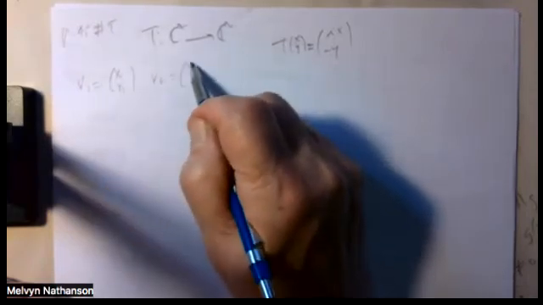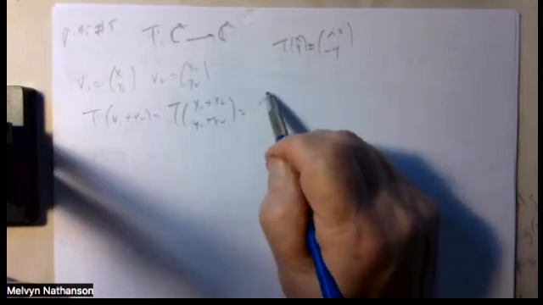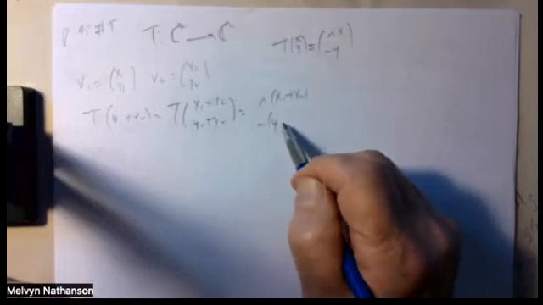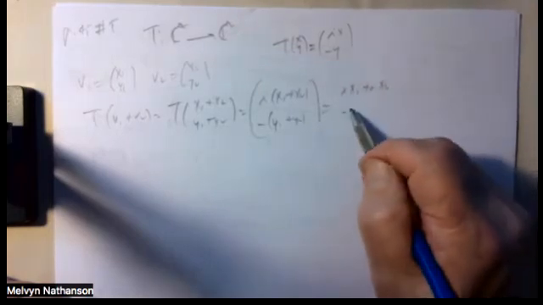Why is this a linear transformation? Well, V1 is x1, y1, and V2 is x2, y2. It's the same calculation, T of V1 plus V2. When you add these vectors, that's x1 plus x2, y1 plus y2. You multiply the first coordinate by i, and you change the sign of the second coordinate. This is ix1 plus ix2, minus y1 minus y2.